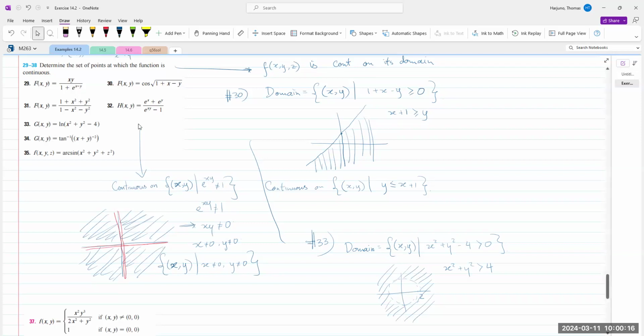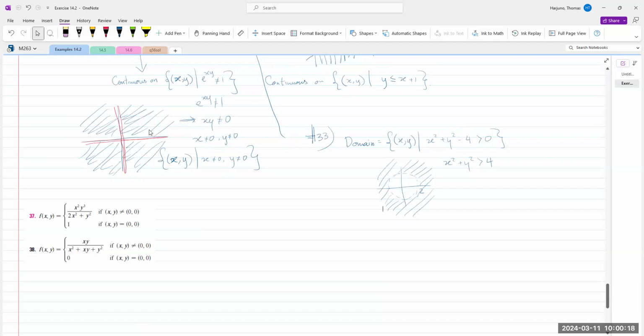Okay, now number 37 and 38, are they continuous? I'll do number 37 first. Let's review a bit so that you will see why we do things that way. The function f(x,y) is continuous at the coordinate (a,b) if, first, the limit exists.